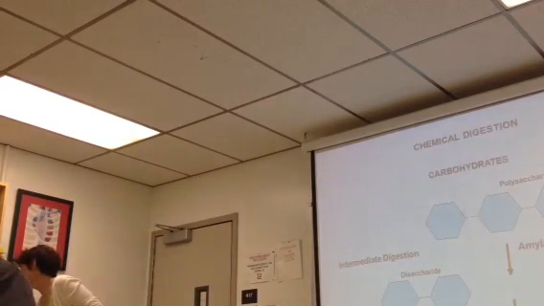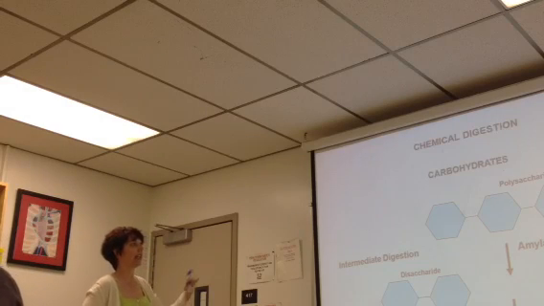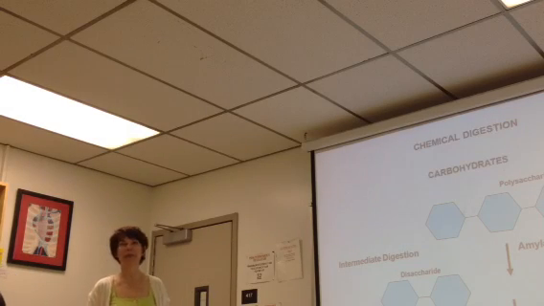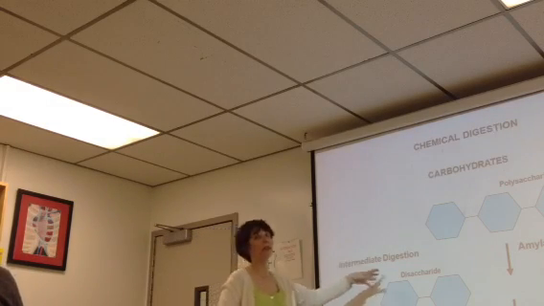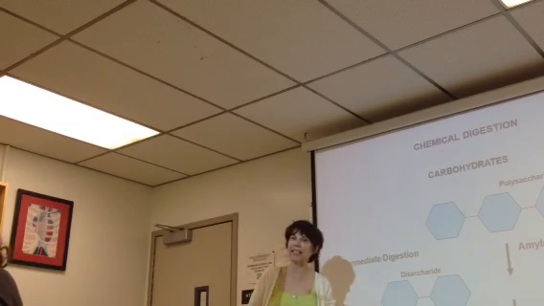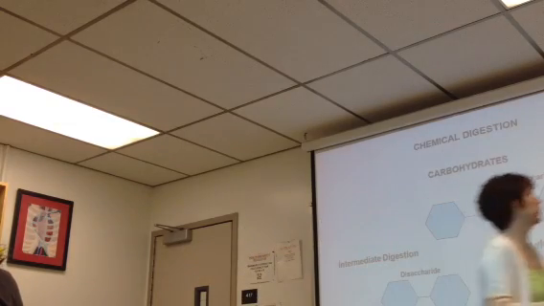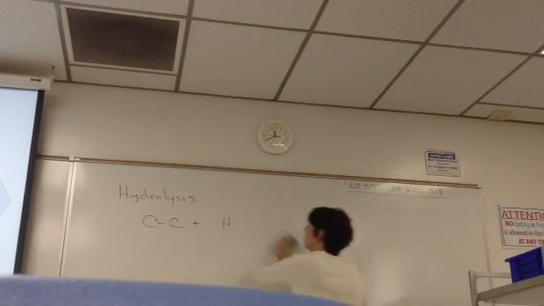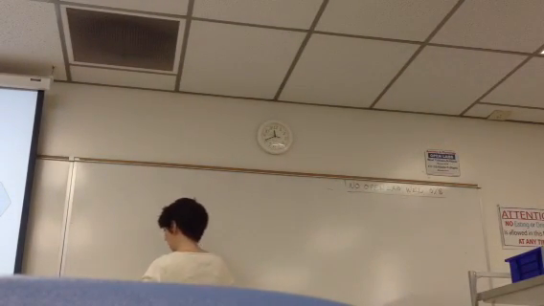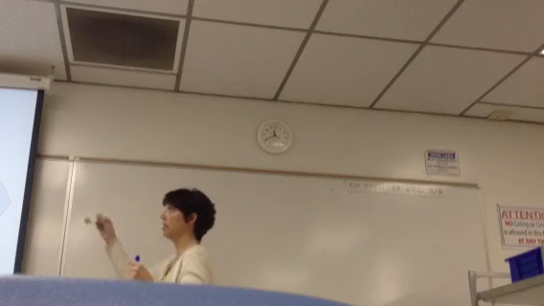So this is kind of a simplistic view. Not all of our simple sugars are six-sided. Fructose is a five-sided ring, but for simplicity, I'm going to draw circles on the board rather than take the time to draw the six sides. So we start out, notice it's a two-step process. We have intermediate digestion and then the final digestion.